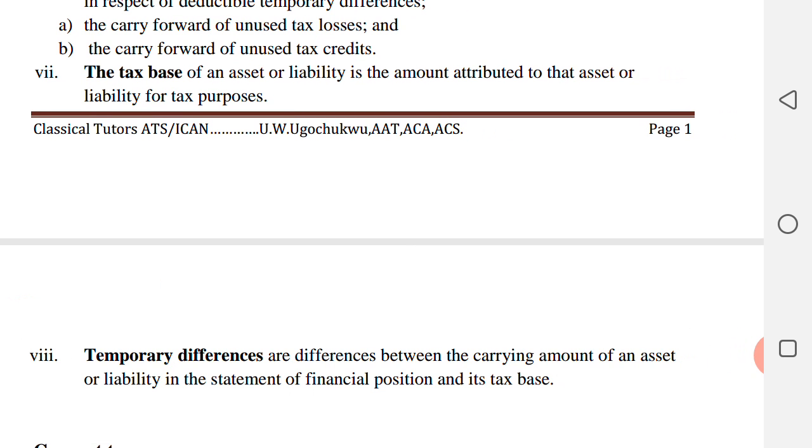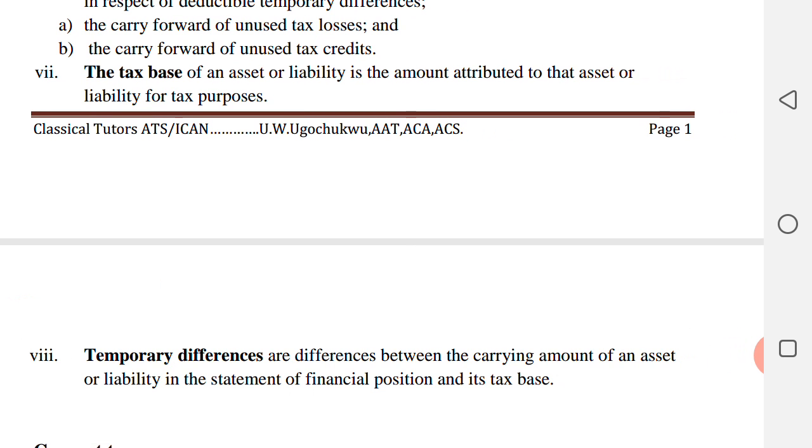When we say tax base, we are saying the amount of an asset or the amount of a liability for tax purpose. In accounting, the amount of an asset or liability is the carrying amount, the book value of the asset and liability. That's the term we use in accounting.